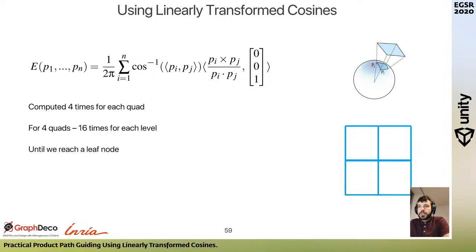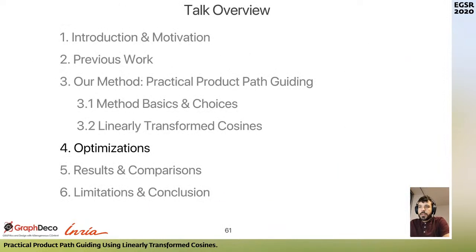And also this is done in the hierarchical warping scheme, so it's done recursively until we reach a leaf node. This unfortunately in our first implementations diminished the benefits of product sampling. So let's talk about the optimizations that we introduced to have better benefit from product sampling.